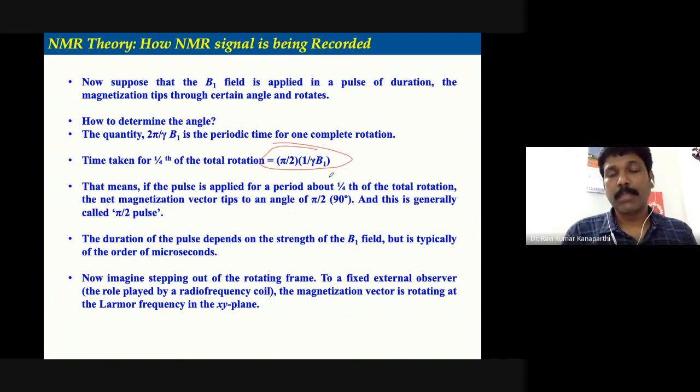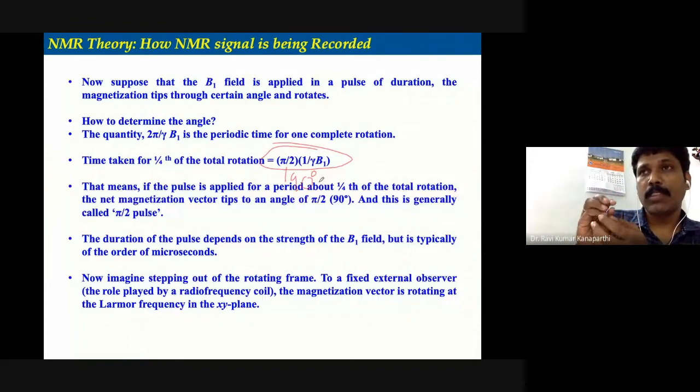Depending upon gamma and b, different types of pulses are possible. This one is 90 degrees, which we call a 90 degree pulse. So b1 is the circularly polarized radio frequency, and it is related to time.